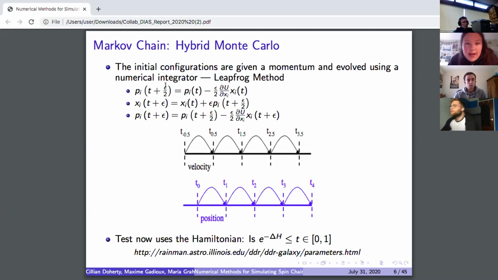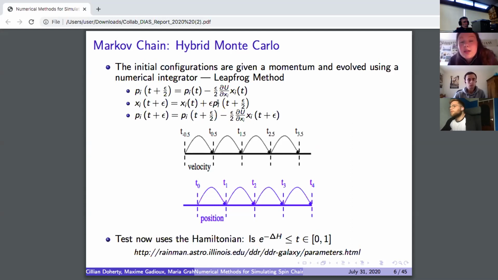In this equation here, epsilon is the step size and U is the potential energy. So you evolve the momentum 1/2 step in time, using this equation here, where this is the initial momentum value, and then this is the initial x value. And then you take the initial x value and you evolve it 1 step in time, using this equation here.